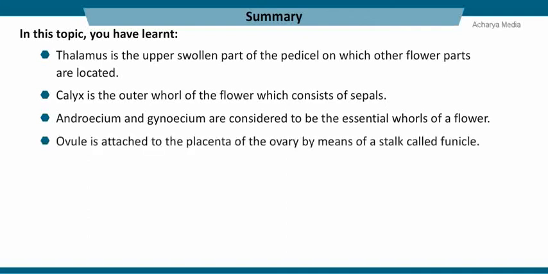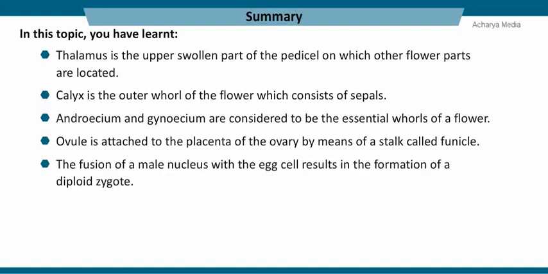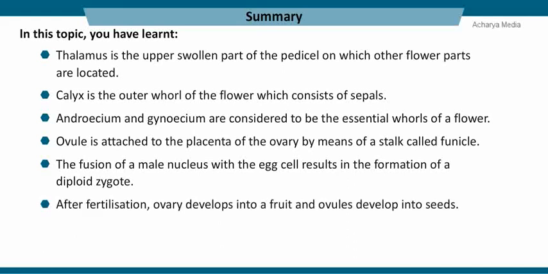Ovule is attached to the placenta of the ovary by means of a stalk called the funicle. The fusion of a male nucleus with the egg cell results in the formation of a diploid zygote. After fertilization, ovary develops into a fruit and ovules develop into seeds.